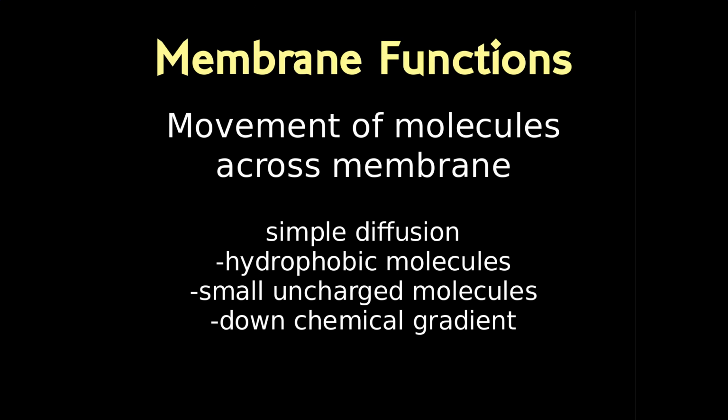In other words, there has to be a lower concentration on the other side of the cell membrane than the one it's coming from for there to be net movement of that particular molecule across. It might still move across, but there won't be net movement one way or the other. And for this, we're not relying on proteins to get across. You don't have to have specific transporters for this.